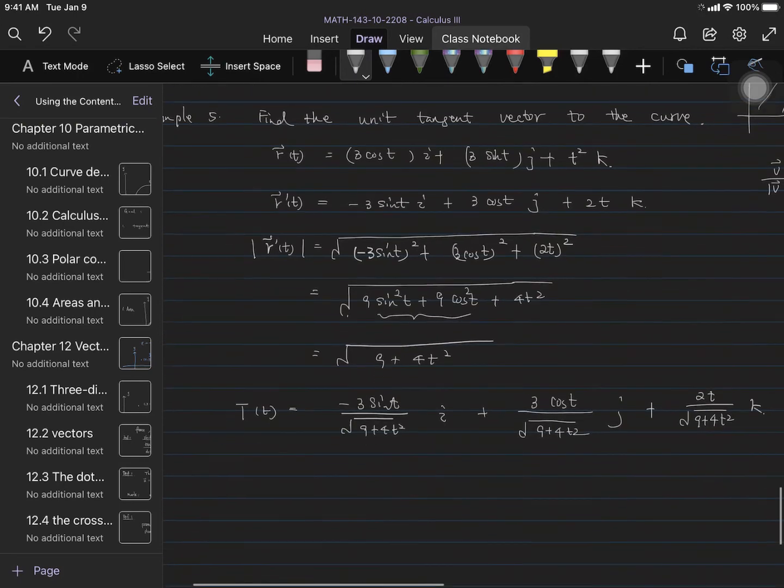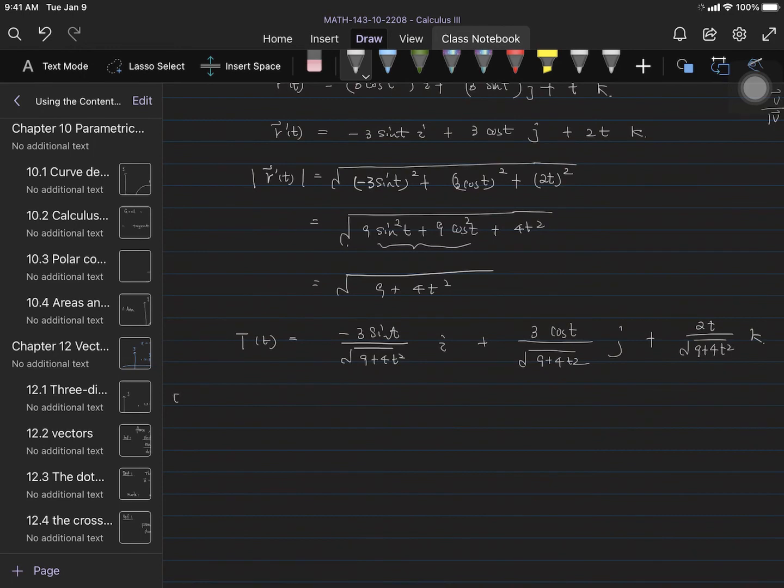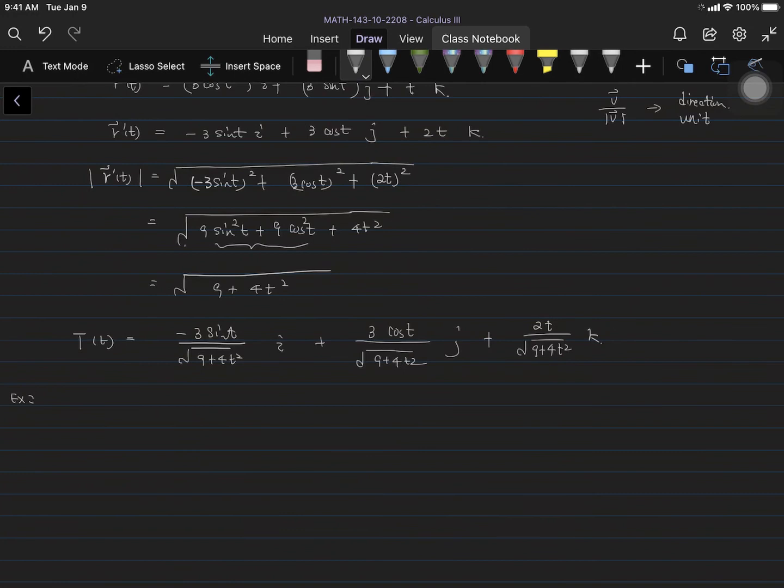Now we can take a look at the exercise problem. Here I give you a similar vector: 2 cosine t i, 2 sine t j, plus root 5 t k.